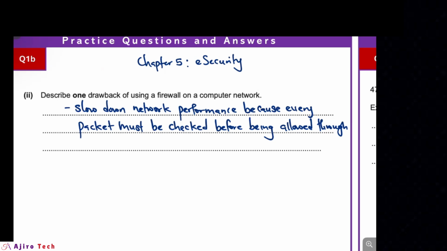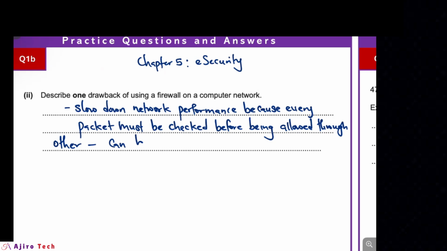It can also block legitimate traffic. Even though those websites are not bad, if it sees that there is a fraction of a rule in it, it's going to block it. That is another drawback you can put.